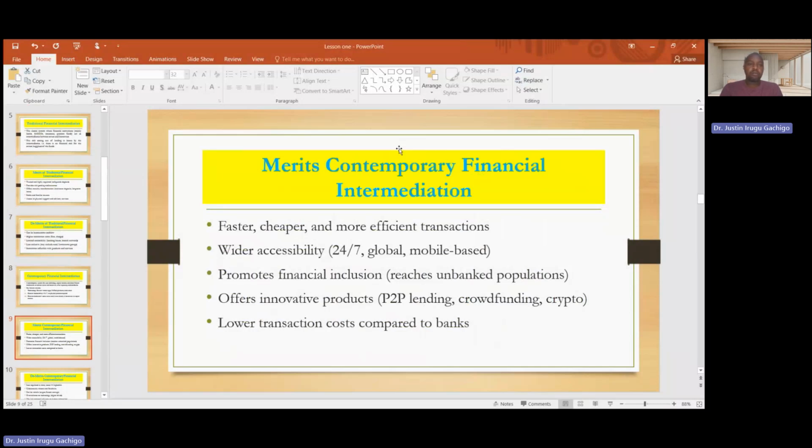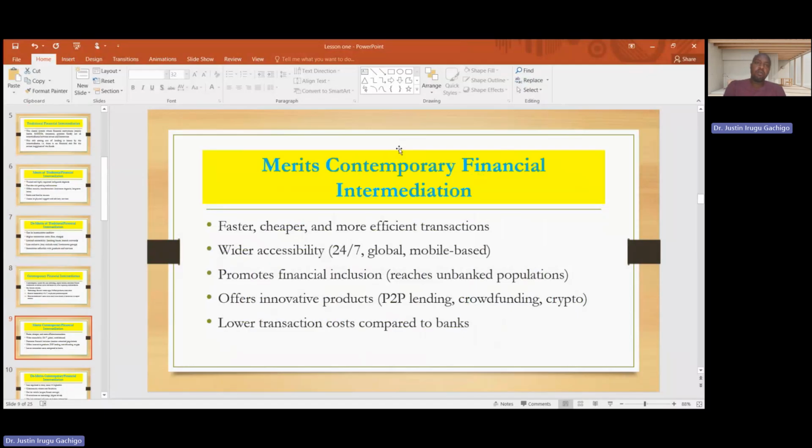Promote financial inclusion. Contemporary financial intermediation, because of the accessibility of the mobile phone, means those who are unbanked are able to get the services. For example, I remember the groundbreaking M-Pesa and M-Shwari. These products facilitate financial inclusion.